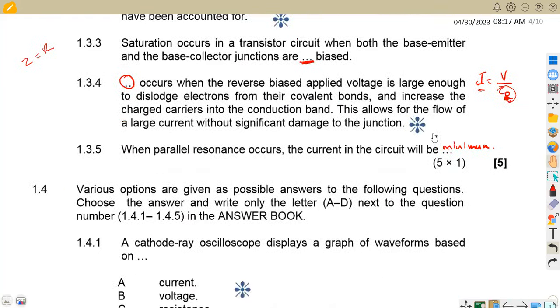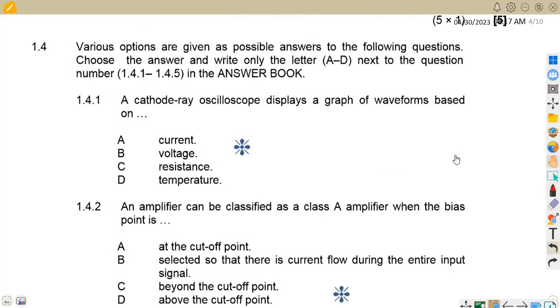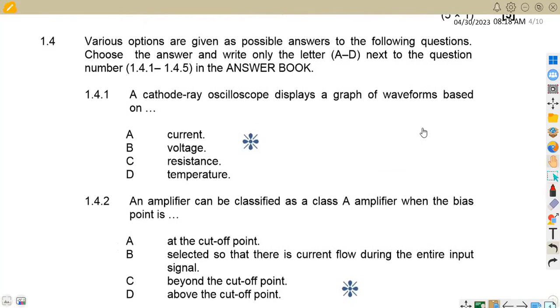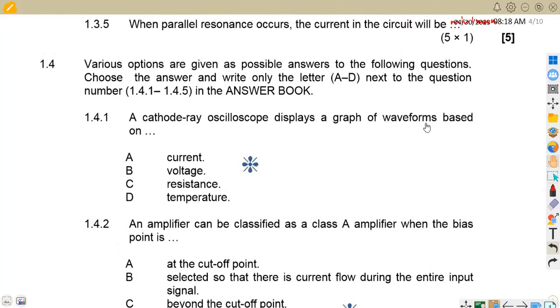Then various options are given in 1.4 as possible answers. So these are possible answers that we are given from these options. Let's see what we have in this case.